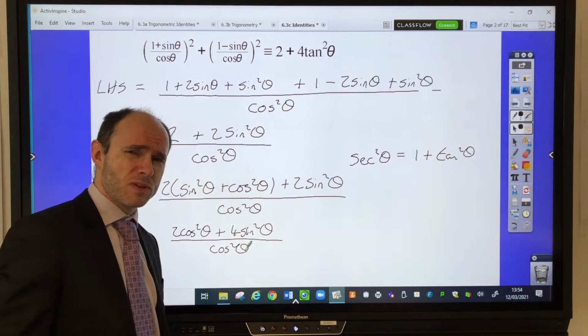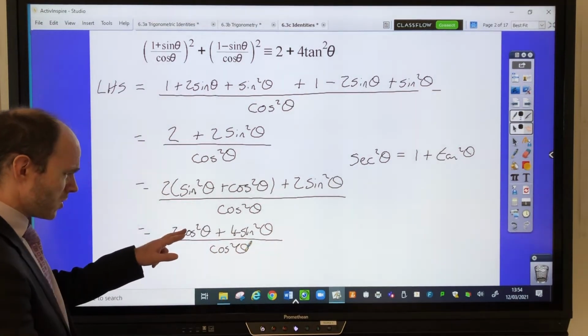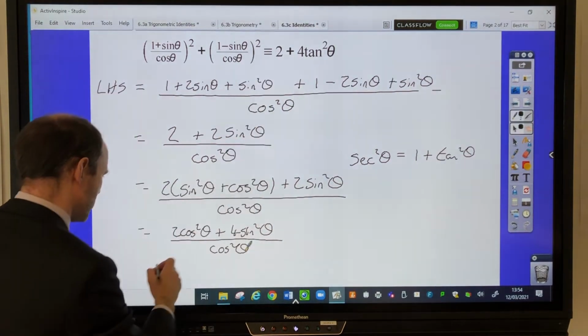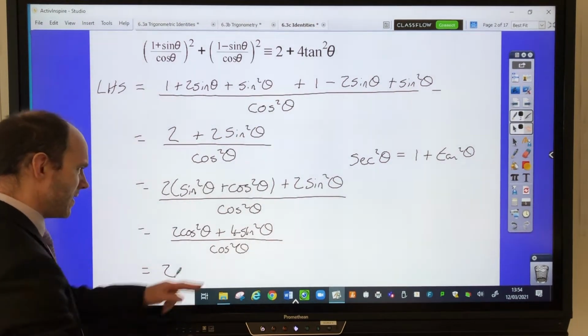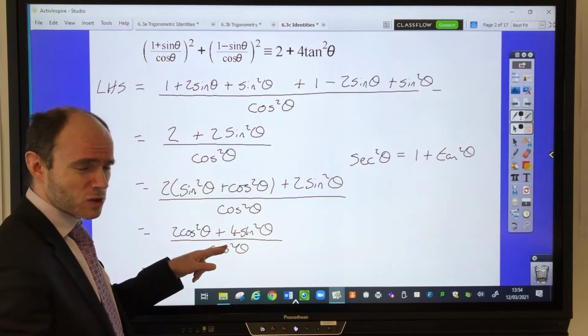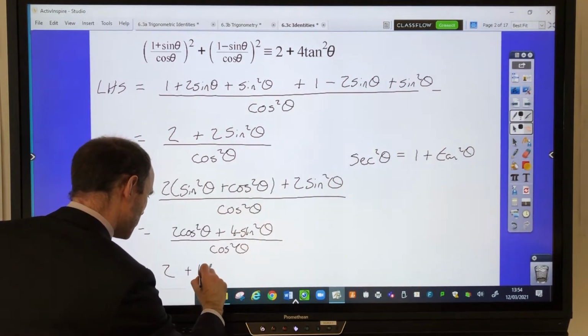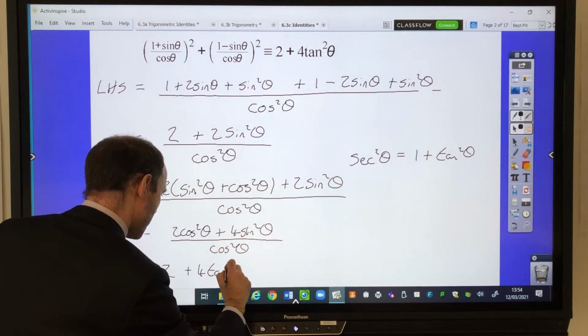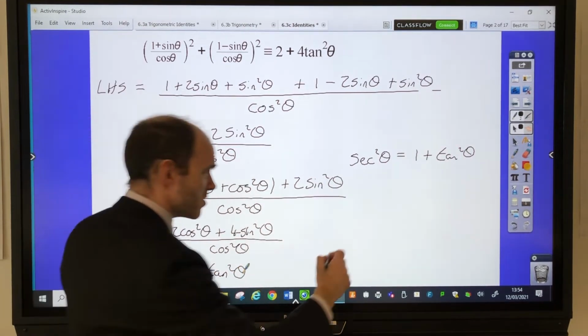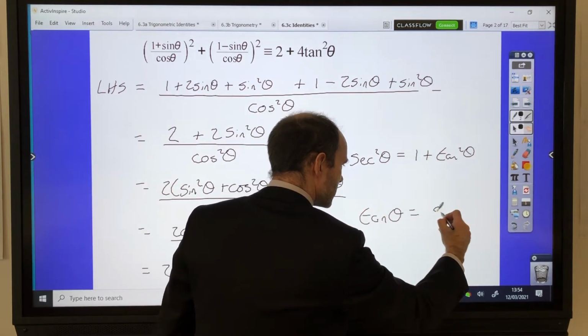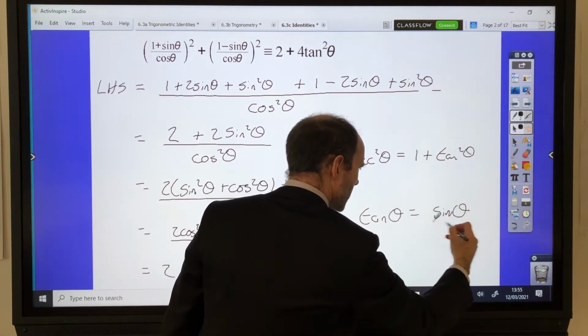And can you see where I'm going with this? Right, next, 2 cos squared theta over cos squared theta is 2, which is that. So it's looking good, isn't it? And then 4 sine squared theta over cos squared theta is just that. Okay, so plus 4 tan squared theta. I'm not sure if I've mentioned it, but if you remember the identity from before, tan theta is sine theta over cosine theta.